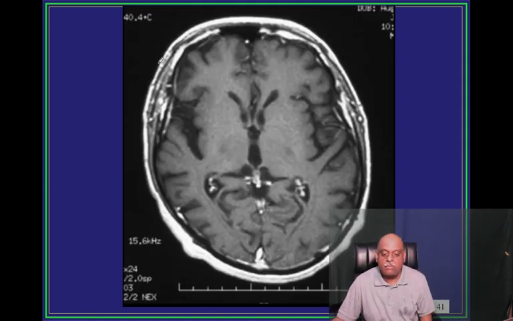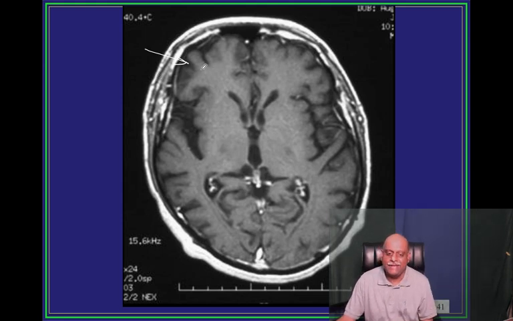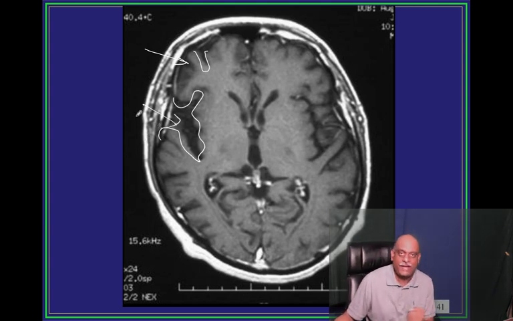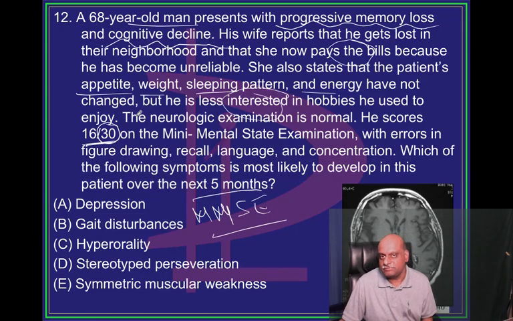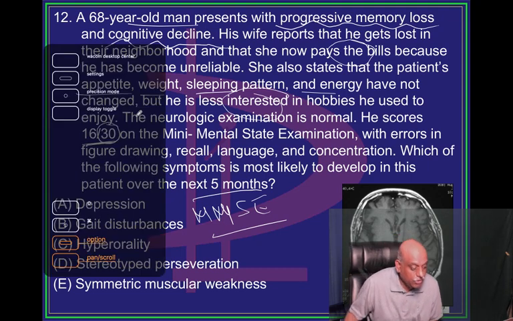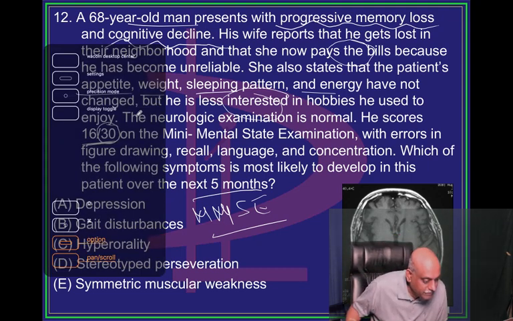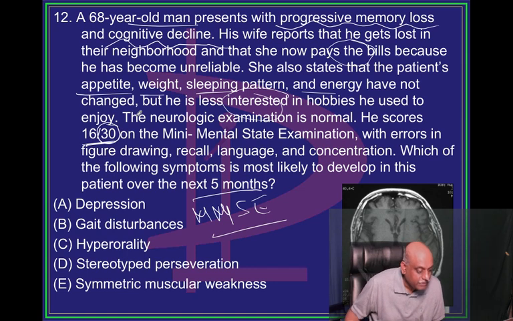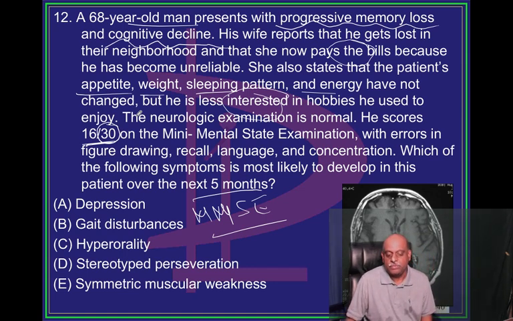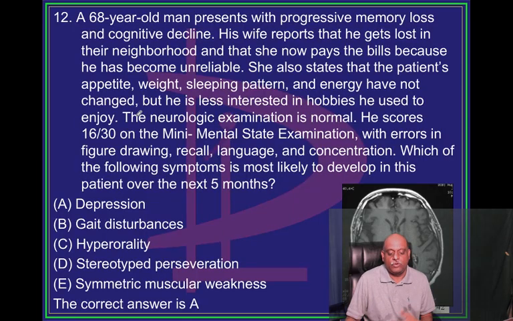And MRI is showing prominence of sulci, atrophy of the gyri, and prominence of the sulci. This much of prominence of sulci. That means there is a degeneration of the brain. So what else is this patient going to develop over a period of time?